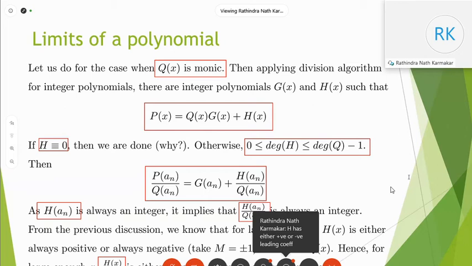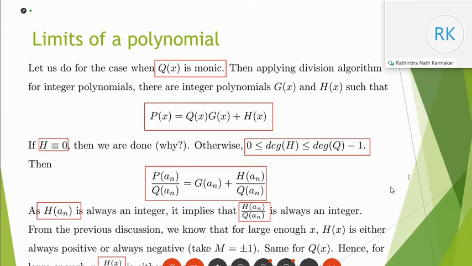If we deal with the case of a positive leading coefficient, then in the previous slide I told you that for large enough x, h of x can be made arbitrarily large. Suppose I want to make h of x larger than 1. I can do it by selecting some y such that for x greater than or equal to y, h of x is larger than 1. We saw the proof also.